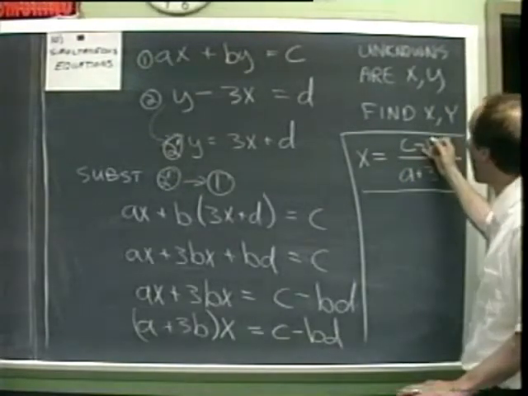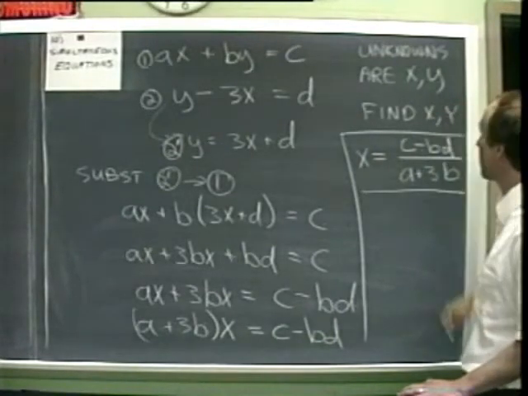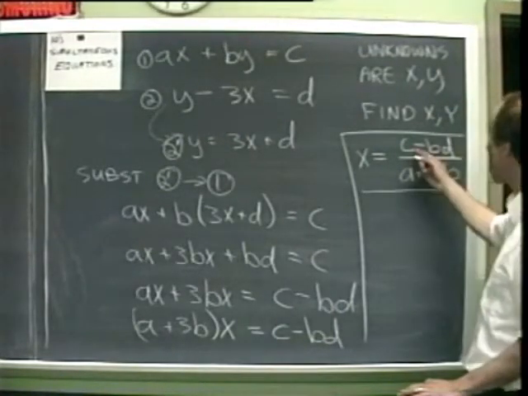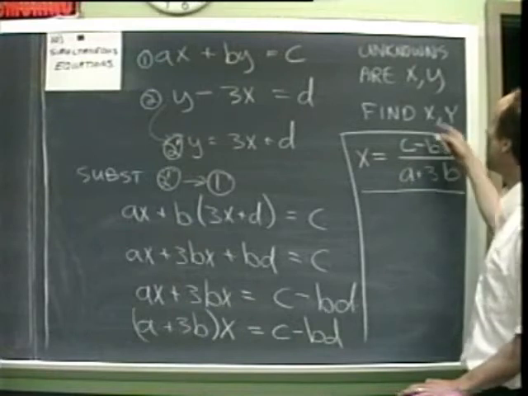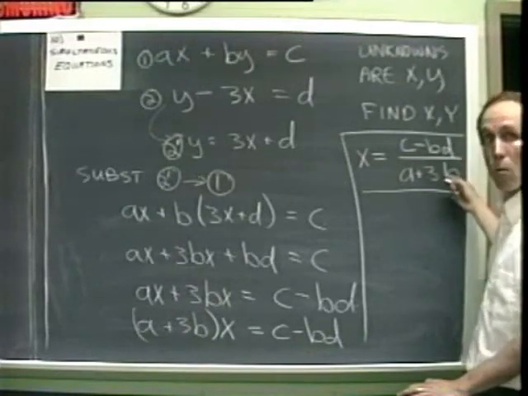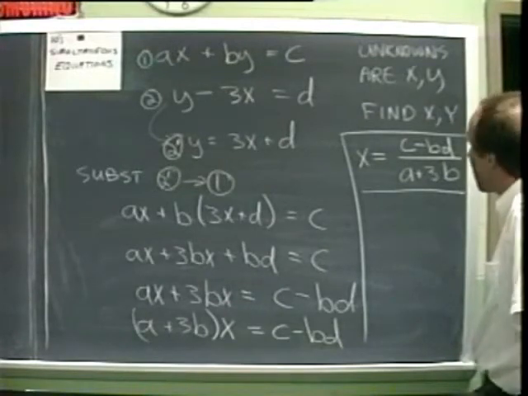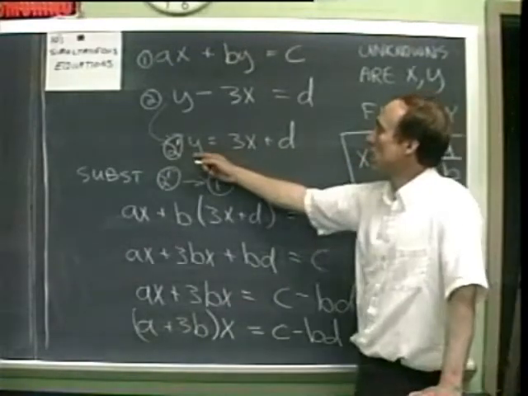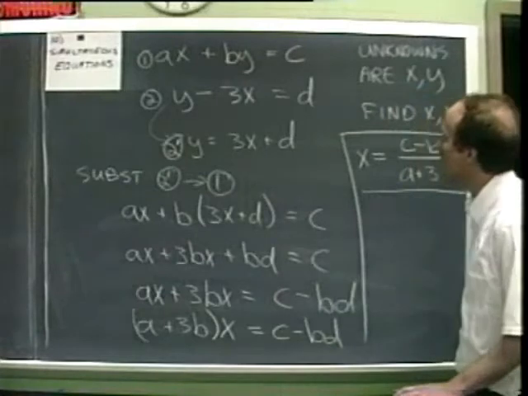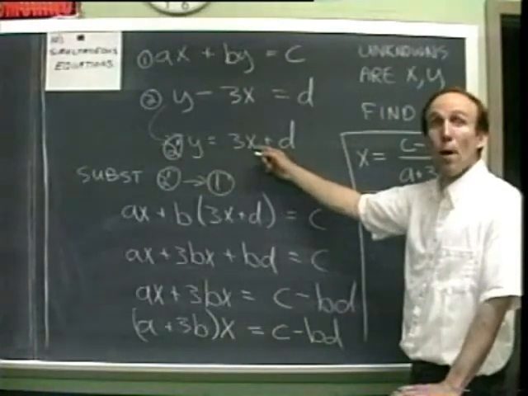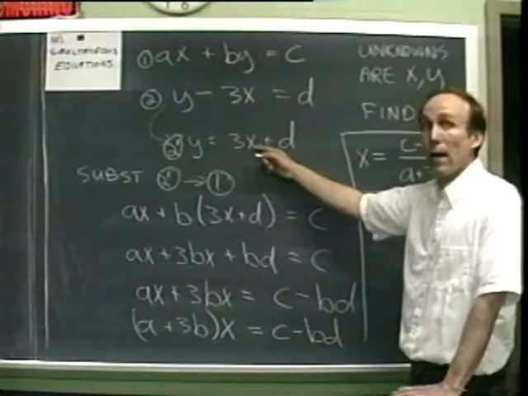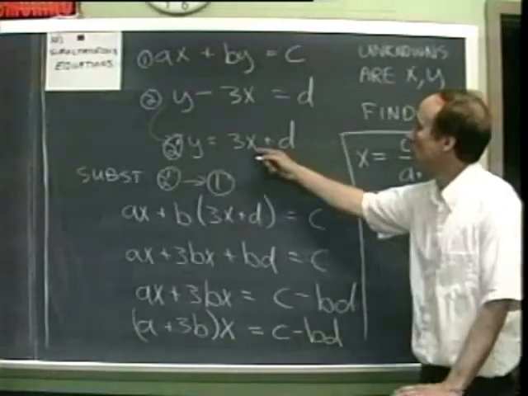Okay, that's half the problem. I got the x, got an expression for x in terms of known stuff. The unknowns are x and y. I don't have any x's or y's here. So for the y, I can go back to this equation, 2 prime, and substitute my now known expression for x into this equation.